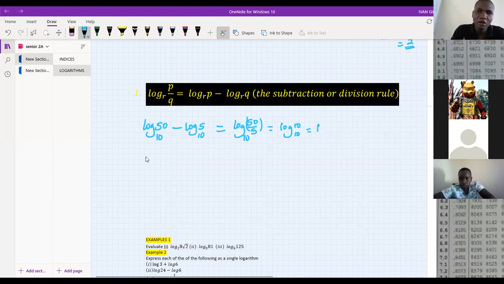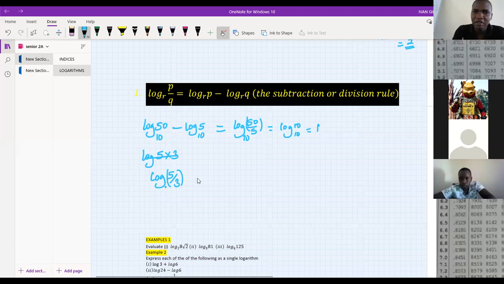Also, they can ask you to separate it. Let's say we have log of 5 over 3, we're dividing, not multiplying, base 5.